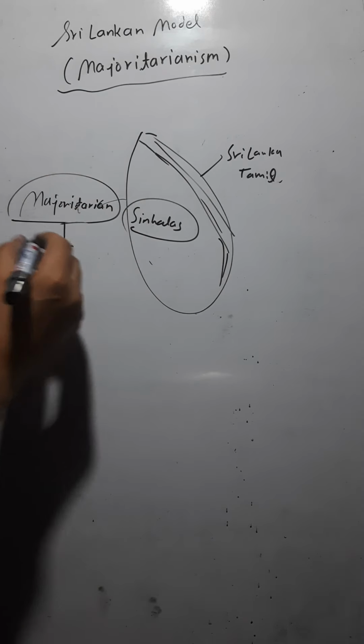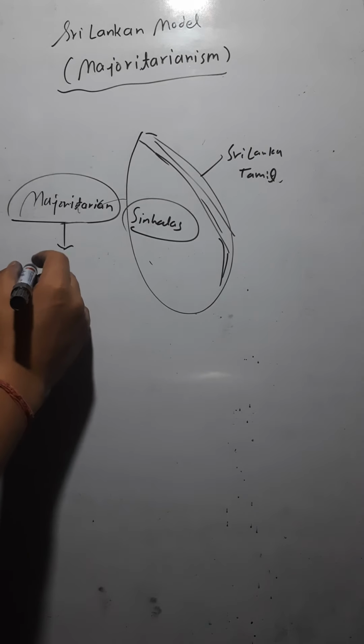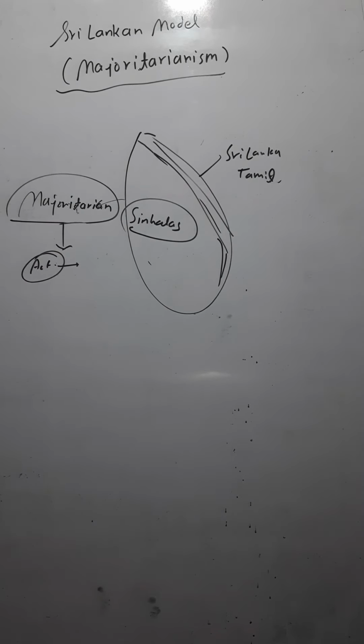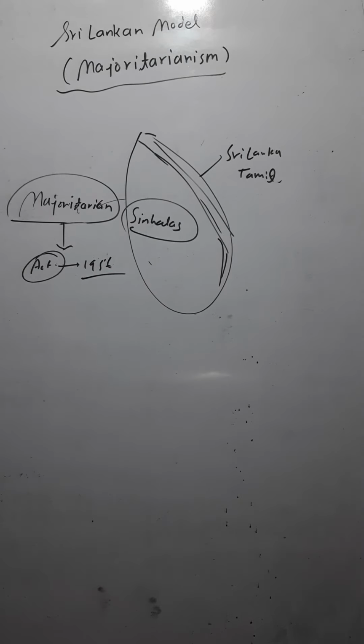What are the majoritarian steps? They passed an act around 1957, or rather 1956, okay. In this year they passed an act.